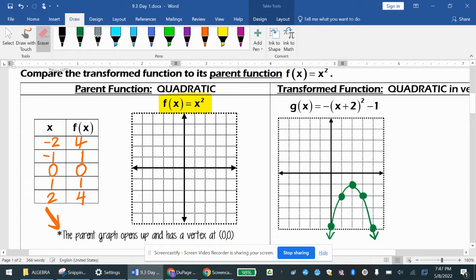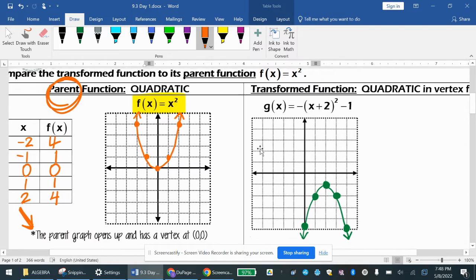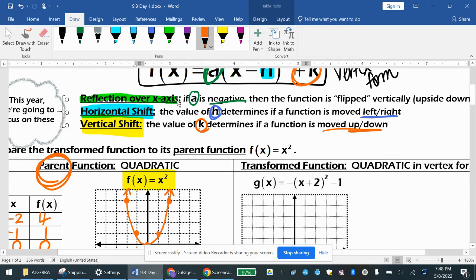Okay, so now if I plot those points, -2, 4, -1, 1, 0, 0, you can see, right, I finished plotting the rest of them, that this is the parent function, parent, okay, like el original, la forma más básica, the most basic form. A transformed function is a function that was either reflected, que fue reflejada, o movida, or if it's reflected or has any kind of shifts.